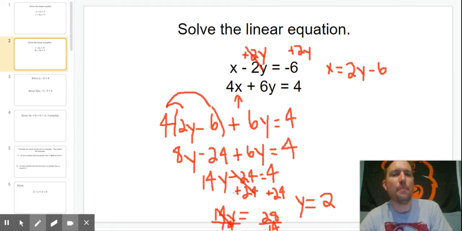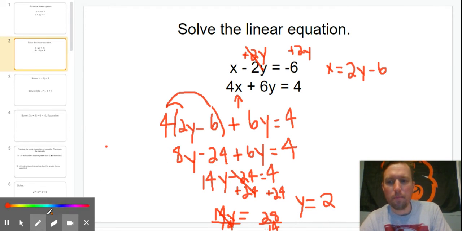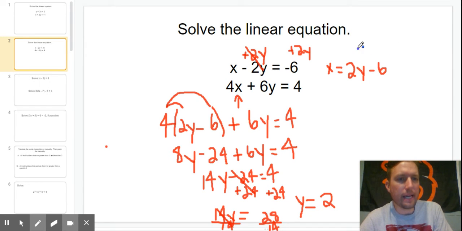But wait, I'm not finished. What I need to do now is take this value of 2 and plug it into my equation and solve for the value of x. I'm going to plug it in for the value of y. So I have 2 times 2 minus 6.